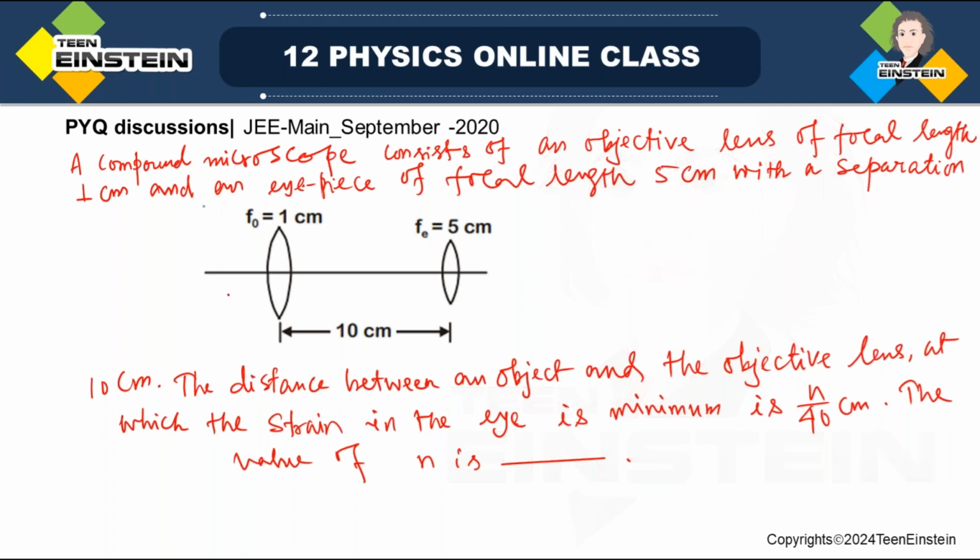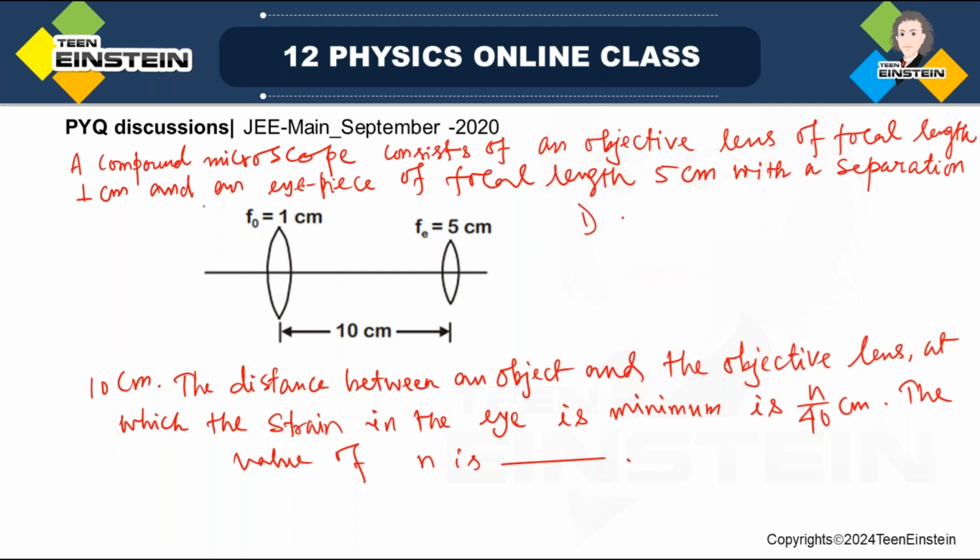So look here, a compound microscope has two lenses. One is the objective, which is near the object, and the eyepiece through which we see, where our eye will be. Now, wherever there are two lenses, they can be used for two different settings.